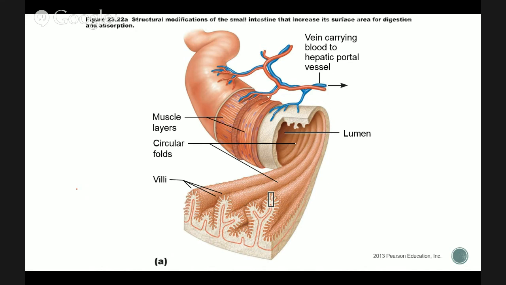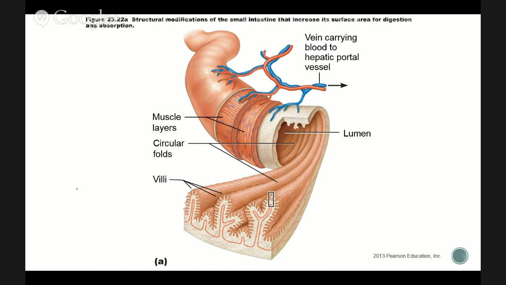So we'll get to that in just a little bit, but let's look at the makeup of the small intestines. The small intestine, you see here, has these circular folds. But within the circular folds, you have the villi. But on the villi, you have microvilli.